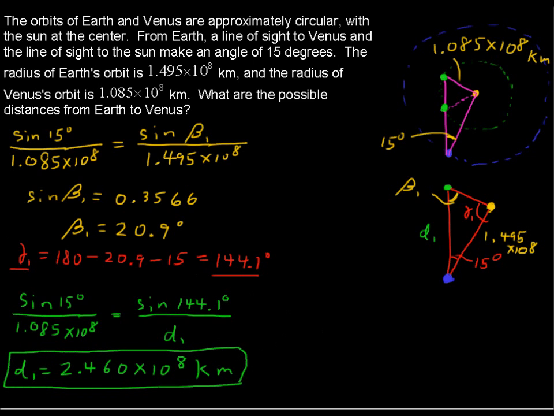What's another possible distance? I'm going to change colors here and try to fit this in. We've got another triangle, and now that this is already here, I'm just going to draw right over that. This is our other possible triangle. So I'll draw that down here.